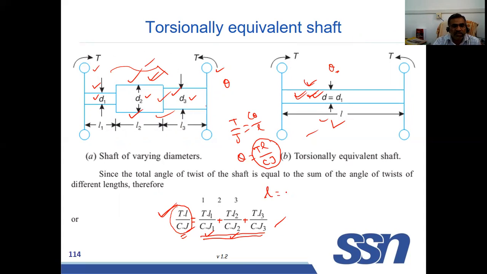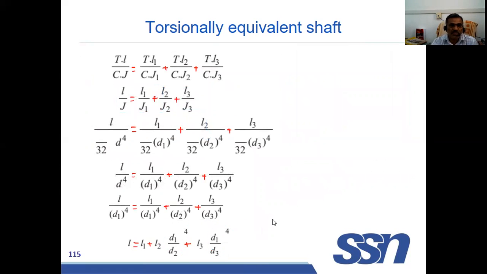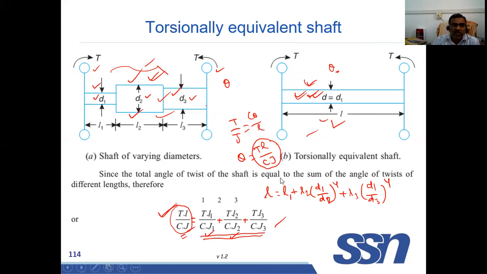L is equal to L1 plus L2 into D1 by D2 power 4 plus L3 into D1 by D3 power 4. So this is the equation.